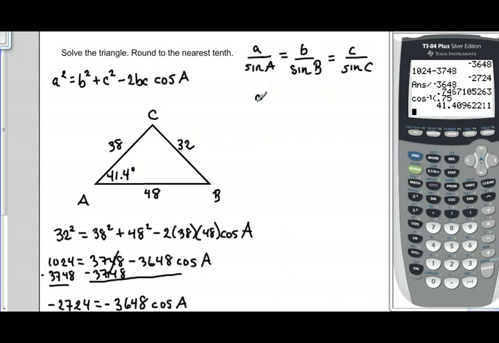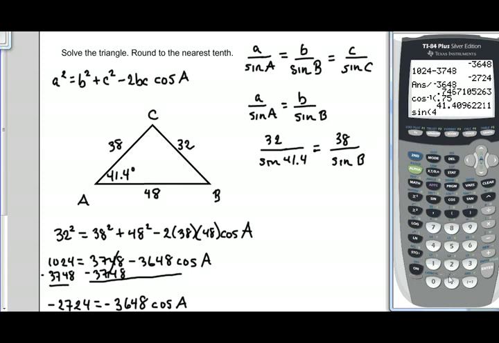So let's do that. a over sine A equals, let's do b over sine B. So 32 over the sine of 41.4 equals 38 over the sine of B. Let's find the sine of 41.4.